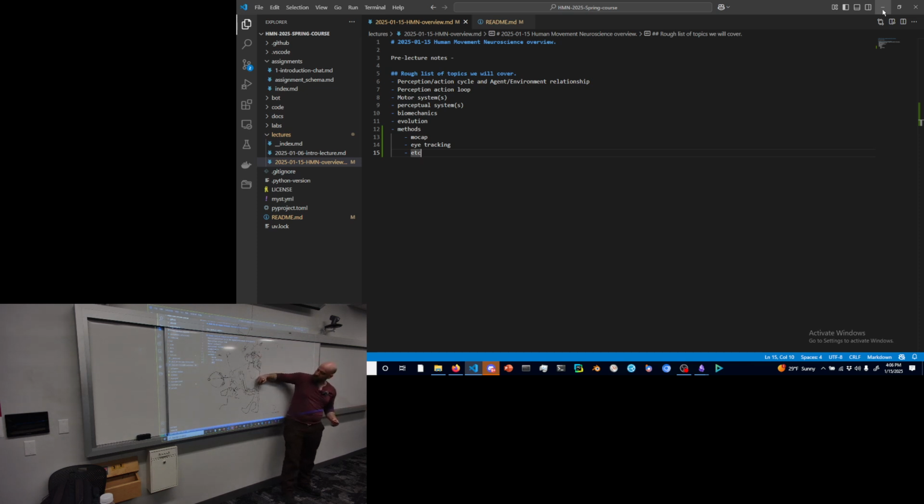A motor command goes out from your central nervous system towards your periphery. So this is a neuron that's connected to a motor unit in my muscle. If it gets tapped by one of these higher level structures, it's going to get spikes that are telling it to fire, and that will contract the muscle.